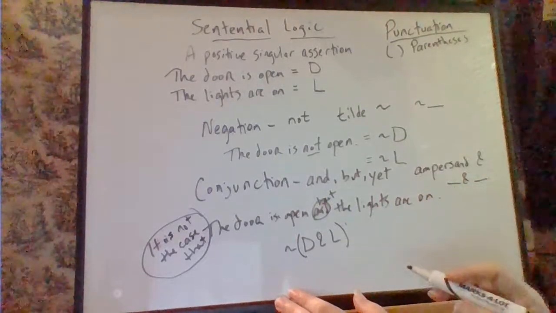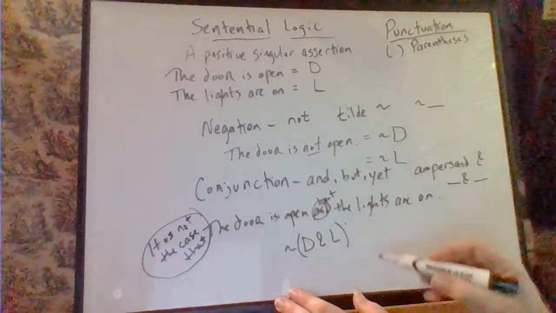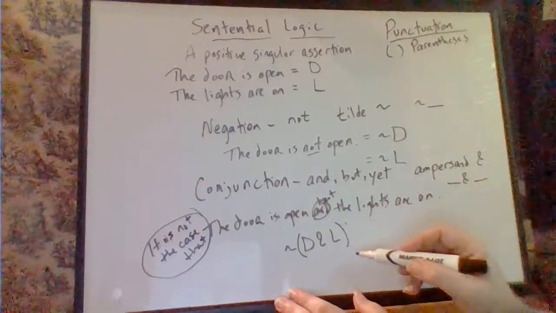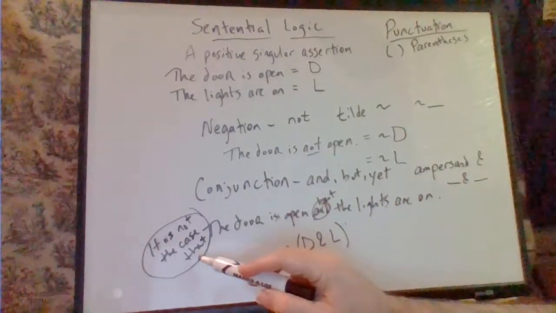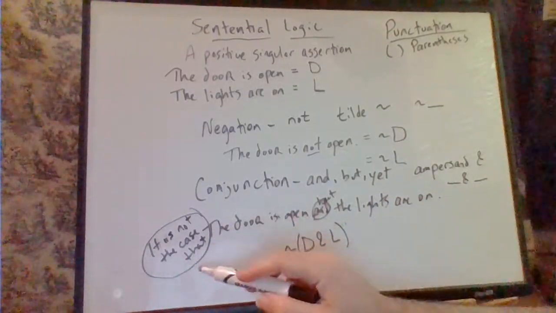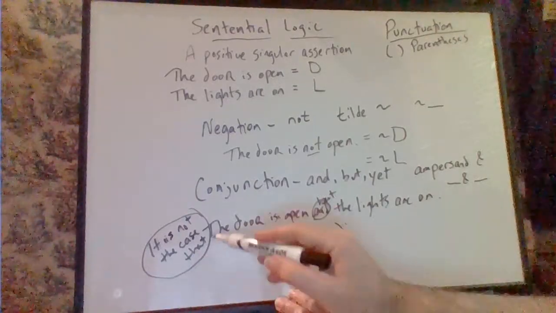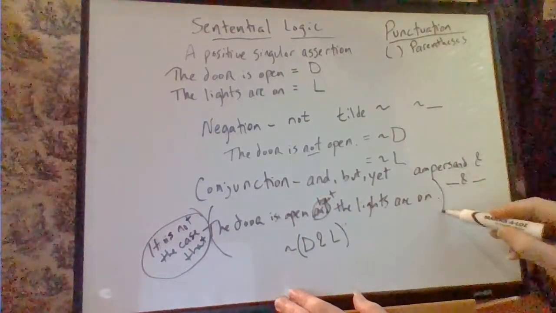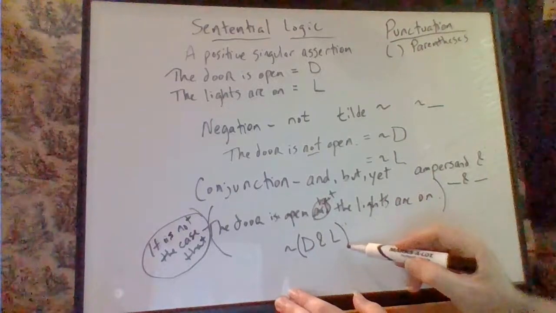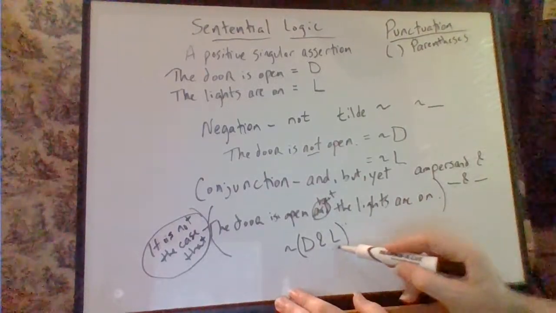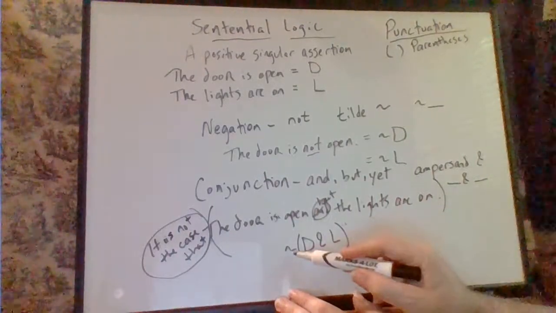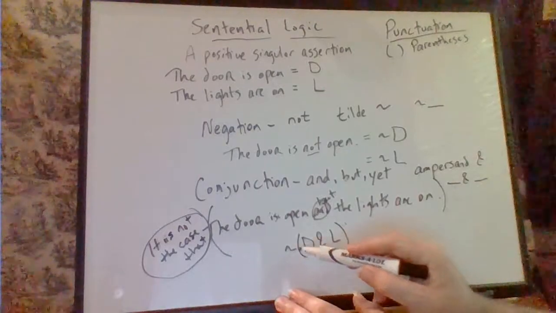Then you wouldn't need the parentheses. You wouldn't use them because you're just denying the individual parts. But if the negation comes before the subject in the very beginning like this, then it means you're denying the whole statement, which is why those parentheses have to be there to show that all of it, the whole value, is being negated. Okay, so keep that in mind.